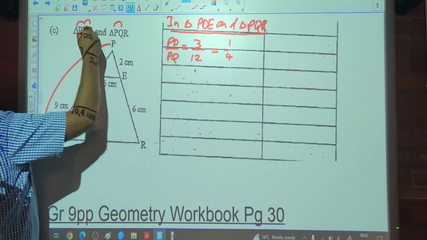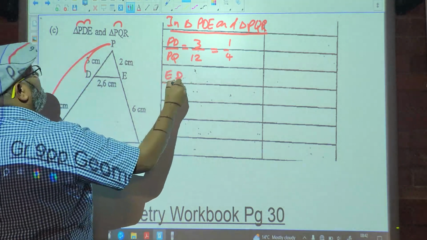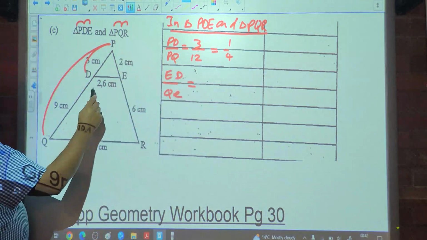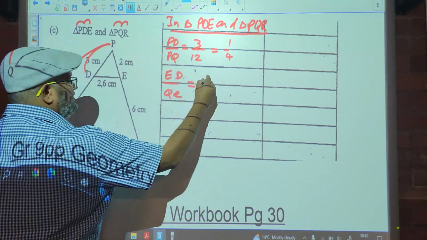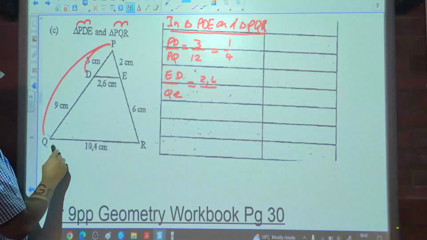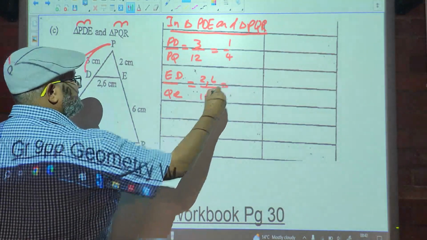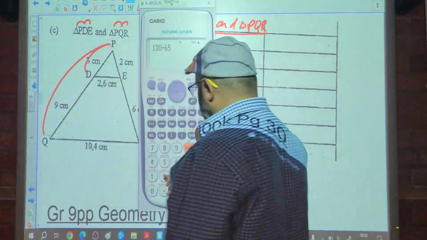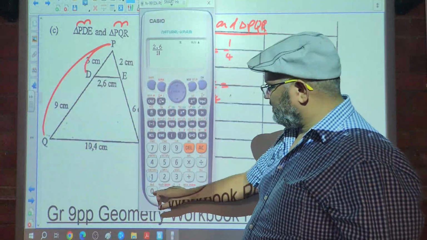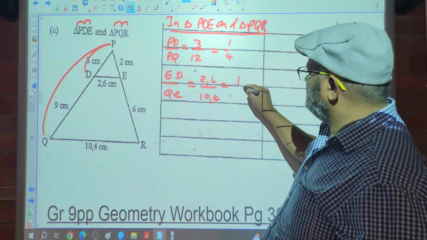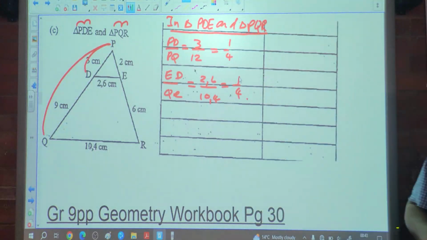Now we go ED over QR. So ED is going to be 2.6 over 10.4. So let's check. 2.6 over 10.4 gives you a quarter. Can I stop there? Do I stop there?